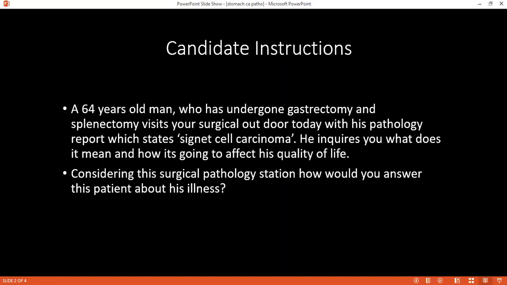What are the types of dumping syndrome that you know of? Dumping syndrome is of 2 types: early dumping syndrome and late dumping syndrome. Usually early dumping syndrome occurs 30 minutes after eating, and late dumping syndrome occurs 1 to 3 hours after eating.